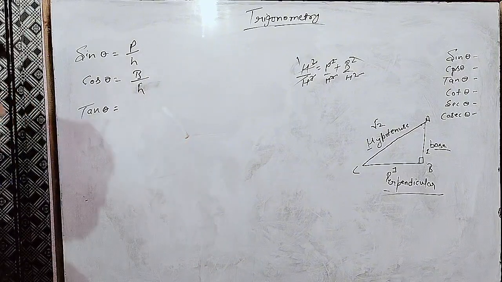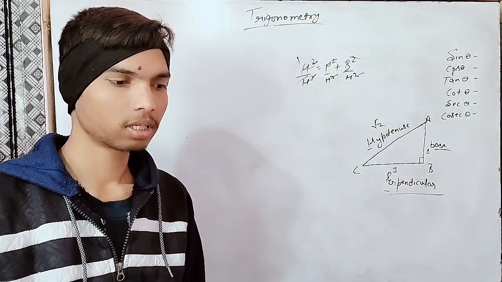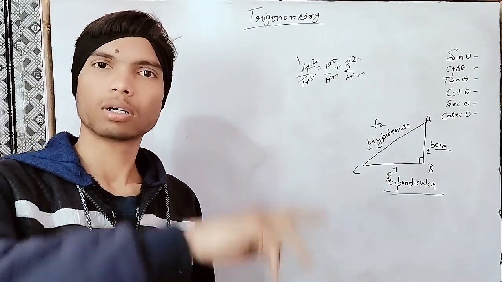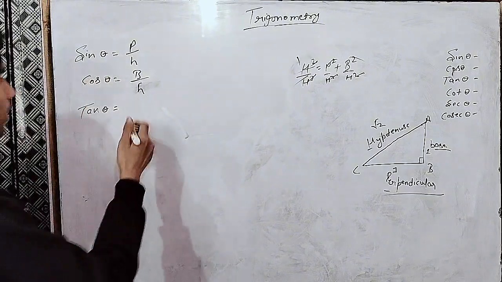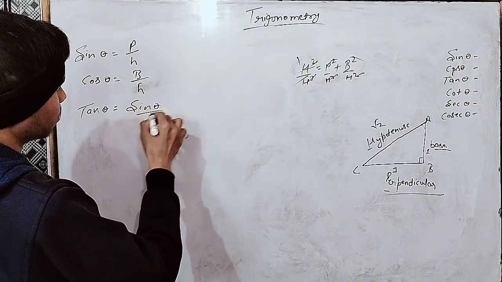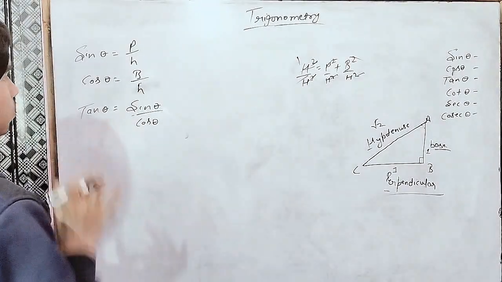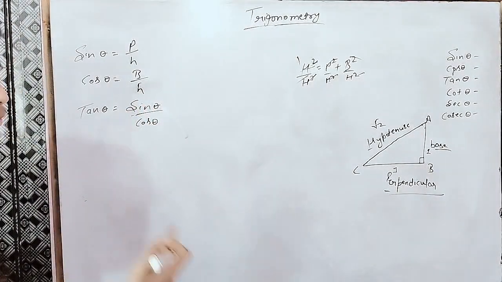Tan theta is sin theta upon cos theta. So when we write sin theta upon cos theta, this is also a formula. We can put in the value of sin theta and the value of cos theta.